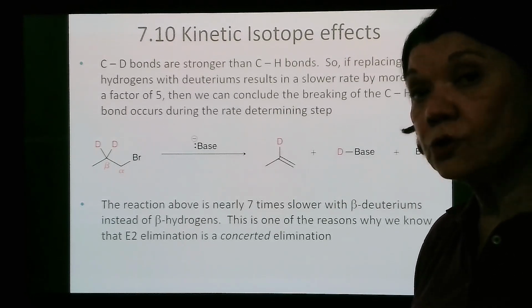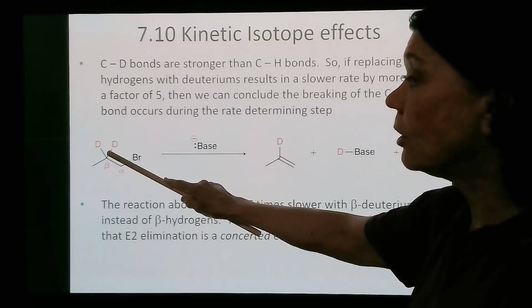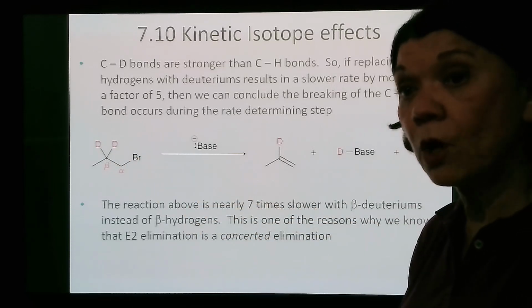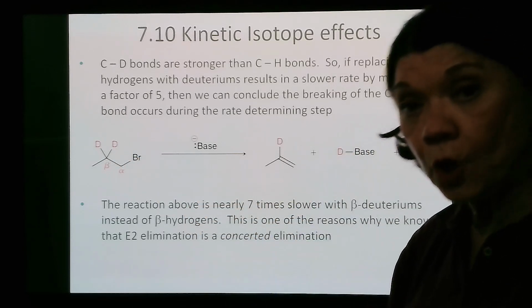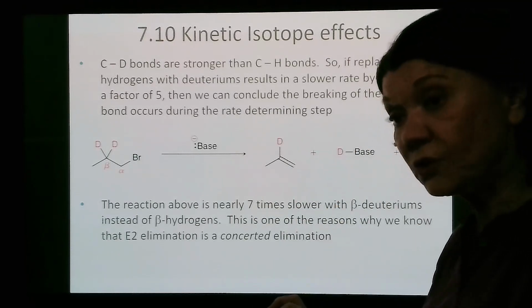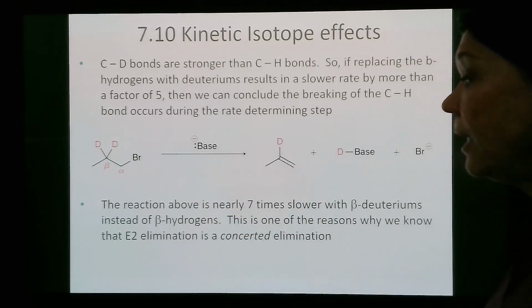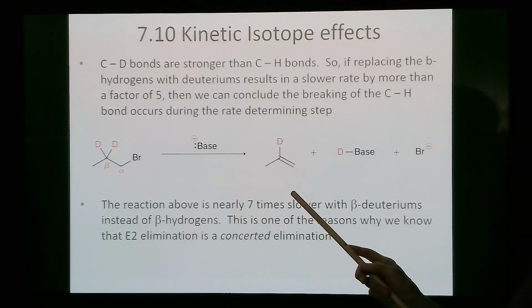And since the rate is slower, that tells you that this carbon-deuterium bond is being broken in the rate determining step. If it were broken in a different step, say after that abstraction, then it would not impact the rate.